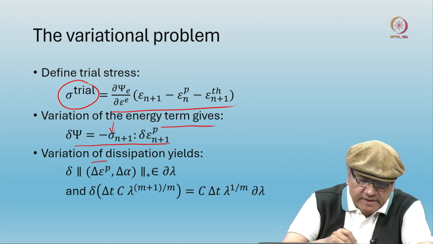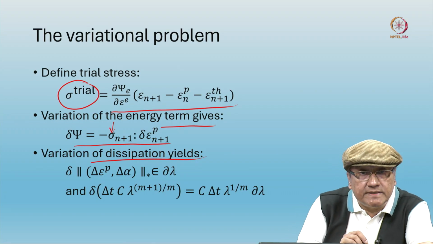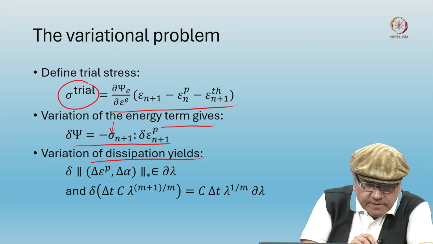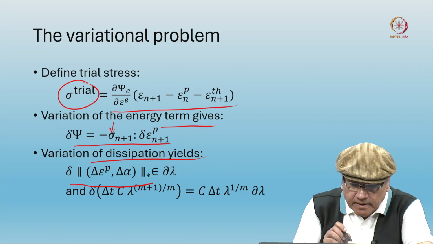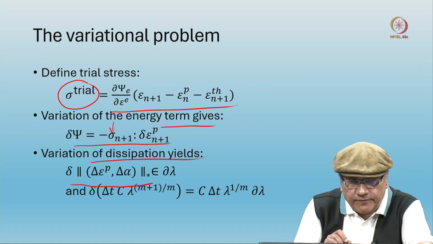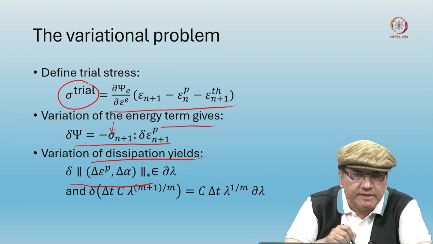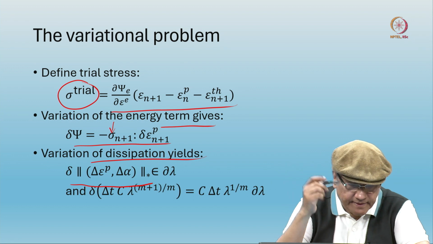So the variation of the dissipation, this delta, is basically the rate independent part of the dissipation potential. So if you take the variation of that, that is nothing but the subdifferential of lambda with respect to these 2 quantities, that is delta epsilon p and delta alpha. Okay.